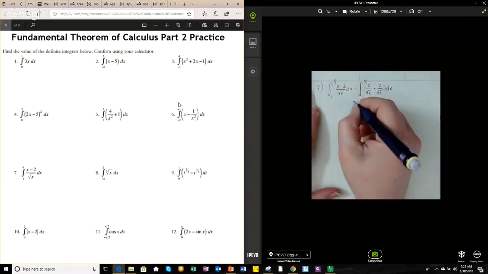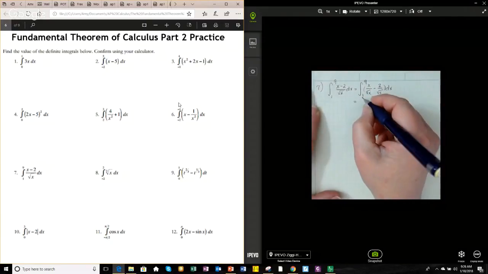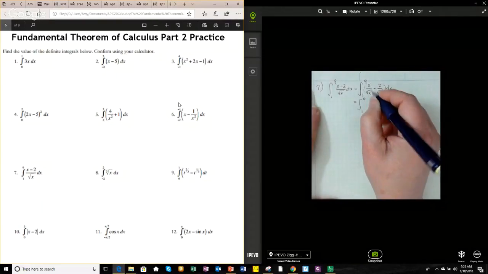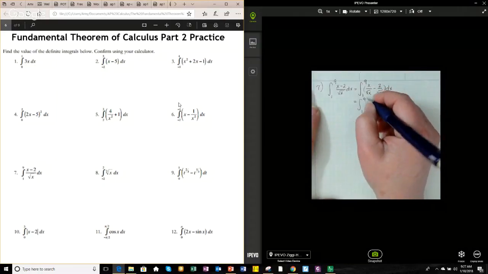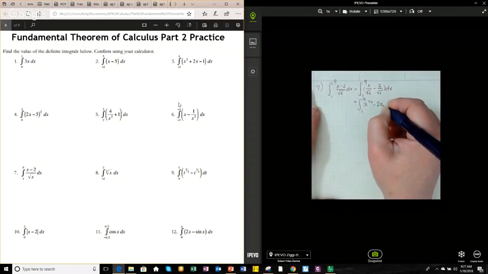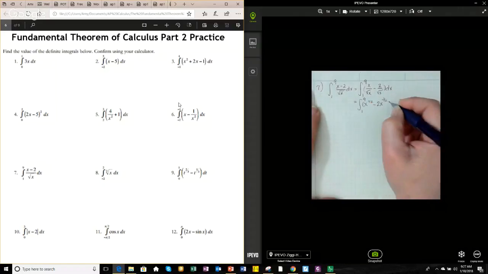All right, and when we do that, we can get the integral from 1 to 9 of, this is x over the square root of x, which is just, if I subtract the exponents, that's 1 minus a half. So that's going to be x to the 1/2 minus 2x to the, and I can make this a negative exponent, negative 1/2.